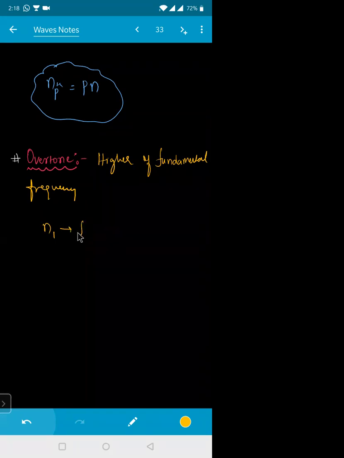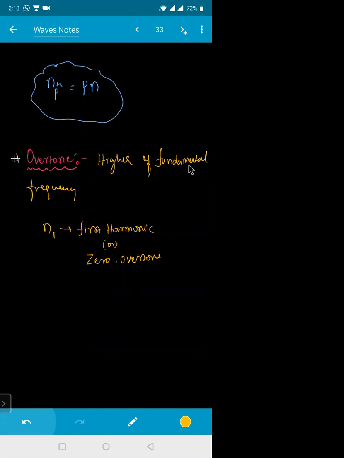First harmonic, or we can say this one is zero overtone, because higher than fundamental is known as overtone. This is fundamental only. So the first frequency is called as what? Zero overtone. Then N2 is known as what? Second harmonic, or it is also called as what, beta?